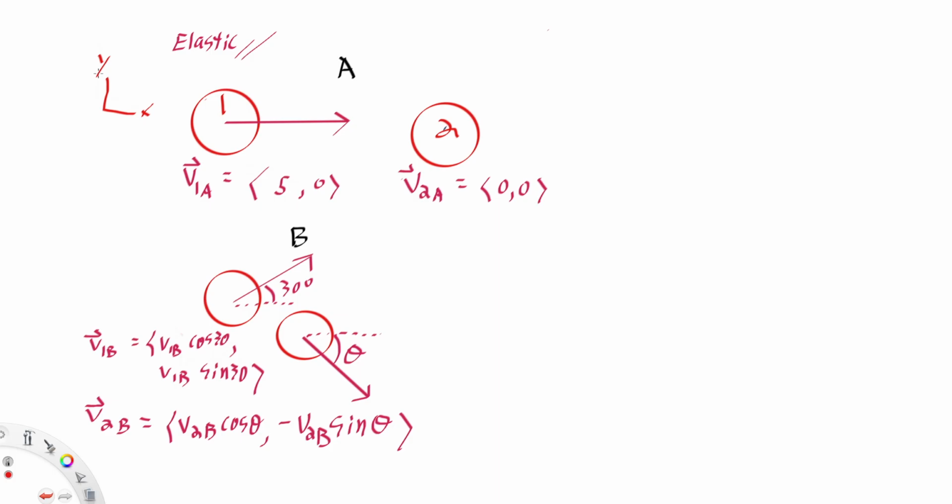We just did here because it's convenient, because that means that v1a is all in the x direction. V2b will never be negative? It could definitely be negative.